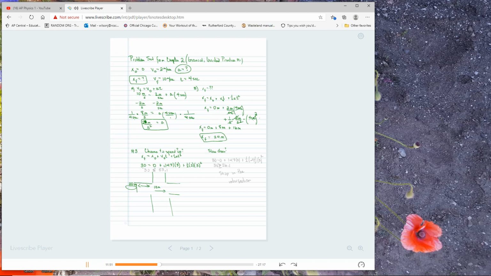So let's see what we get here. 30 equals, and these are not actually equal. We're seeing if they're in the game. So 14.7 times 3, plus, 53.1.